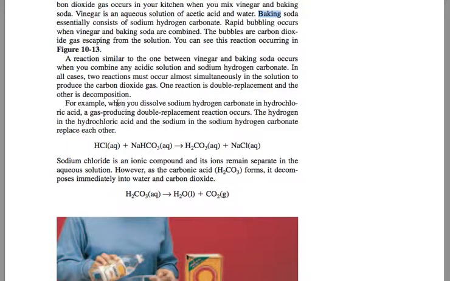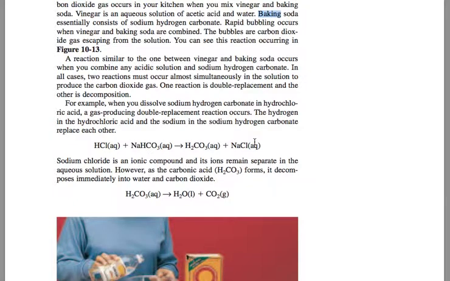For example, when you dissolve sodium hydrogen carbonate, which is baking soda, in hydrochloric acid, a gas-producing double replacement reaction occurs. The hydrogen in the hydrochloric acid and the sodium in the sodium hydrogen carbonate replace each other, okay?